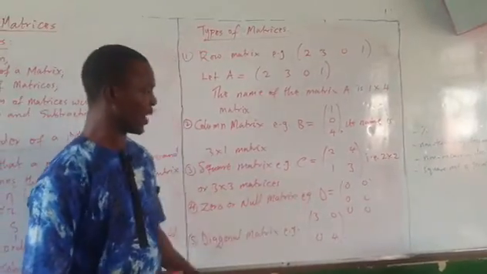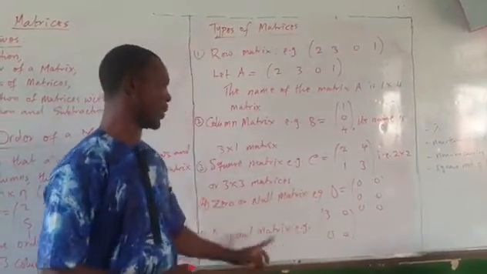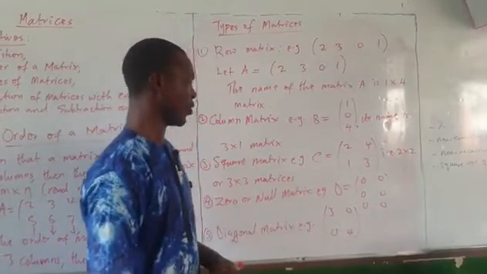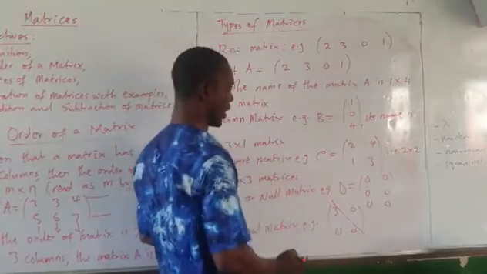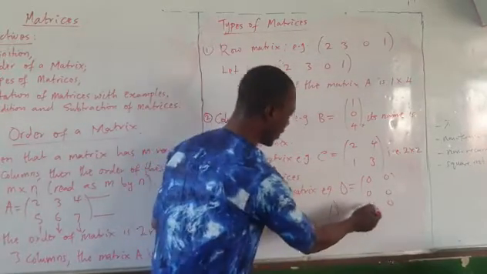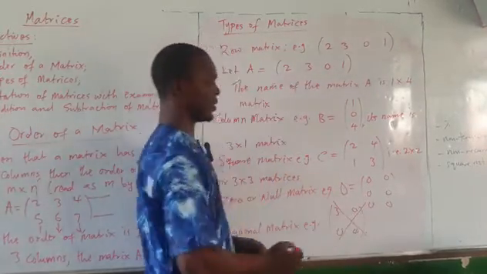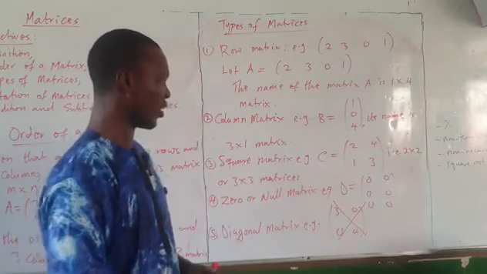In a 2 by 2 matrix, as we have it under square matrix, we have 2 diagonals. We have the main diagonal, which is the leading diagonal, or we call it the principal diagonal. Then we have the other diagonal, that is the second diagonal.